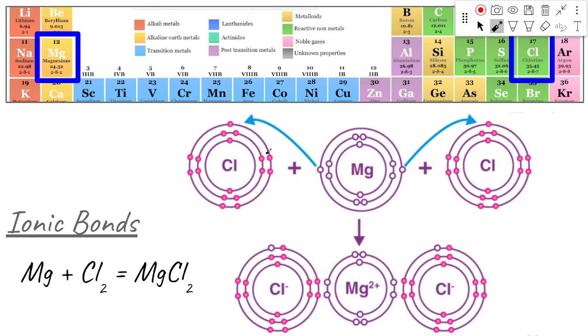That would make everybody happy, because now he's got a full outer shell. He picked up an extra electron and is full, and this guy lost these 2. That makes an ionic bond right there. You got the symbol here. Magnesium, there's only 1 of them, plus chlorine, you got 2 of them, makes magnesium chloride right there.